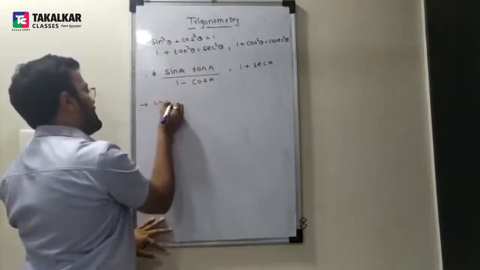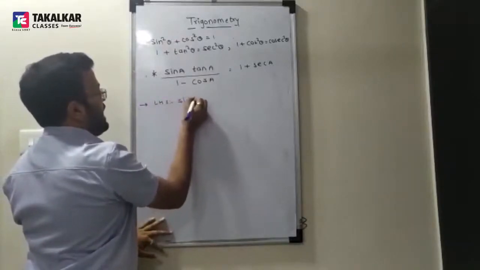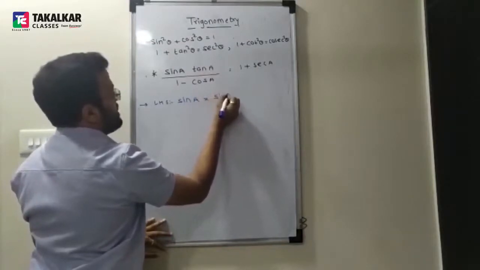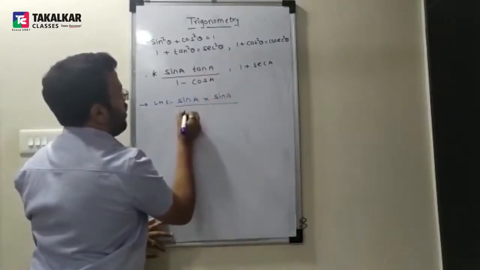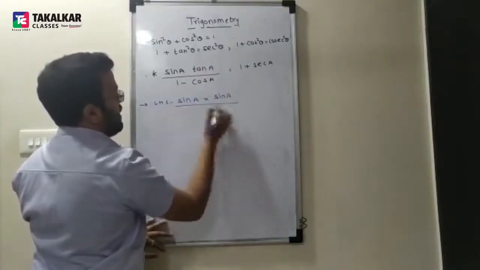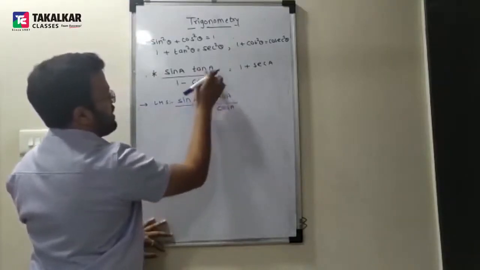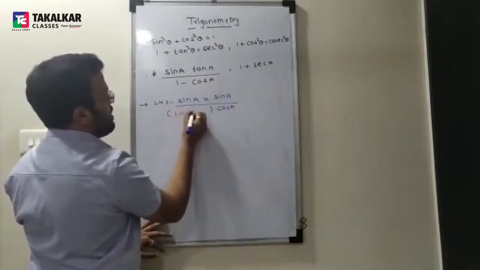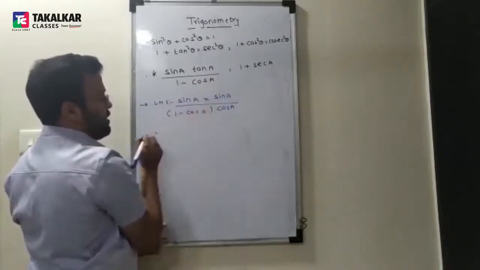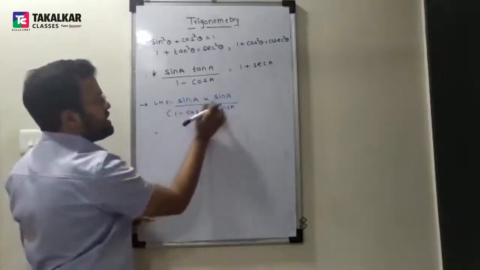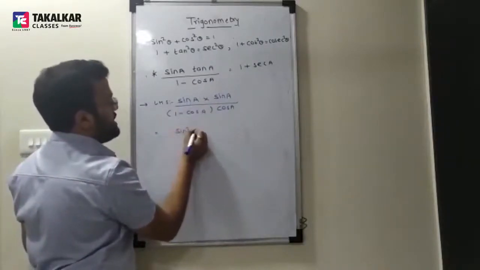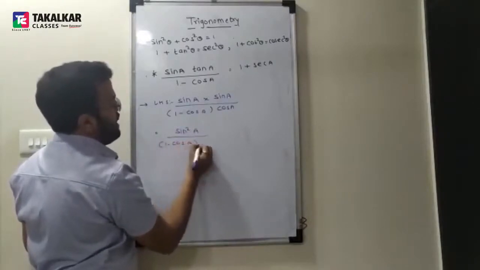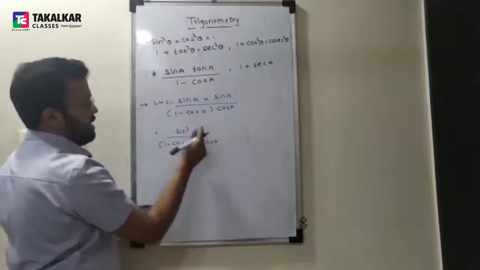We start from LHS. Sin A into what is the value of tan A? Sin A upon cos A. Right, here for simplification, tan is sin upon cos. What was already there in the denominator? 1 minus cos A. Any doubt about this? Now sin into sin will give me sin square A upon 1 minus cos A into cos A. Don't open the bracket.